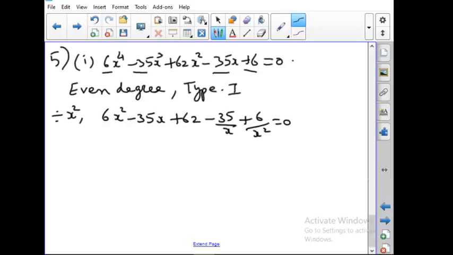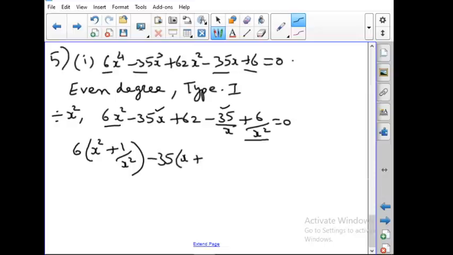Now see here, this term and this term can be taken together. So take 6 out: x square plus 1 by x square. And take this term and this term, so minus 35 out: x plus 1 by x, plus 62 is equal to 0.